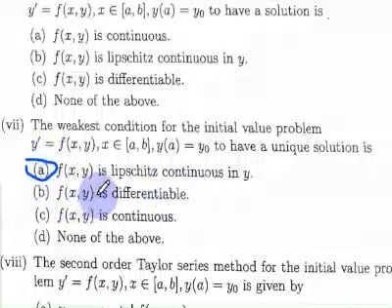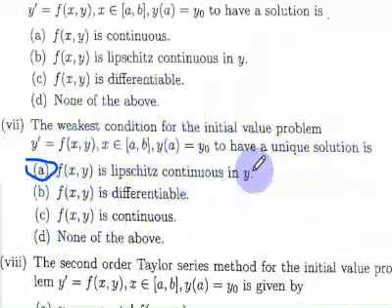So if f is differentiable on D, then it is fantastic, there exists a unique solution. If the function is continuous, we can say that this system has a solution, but not unique.